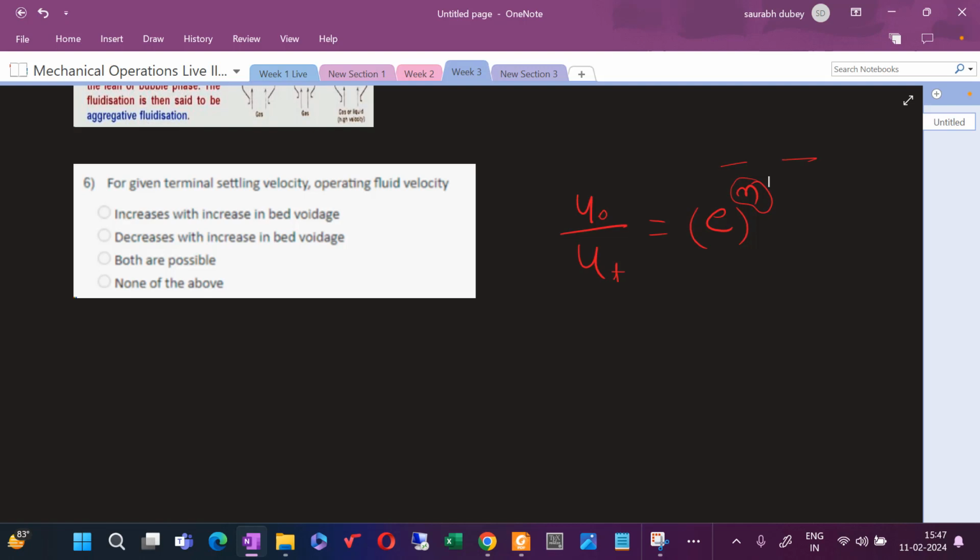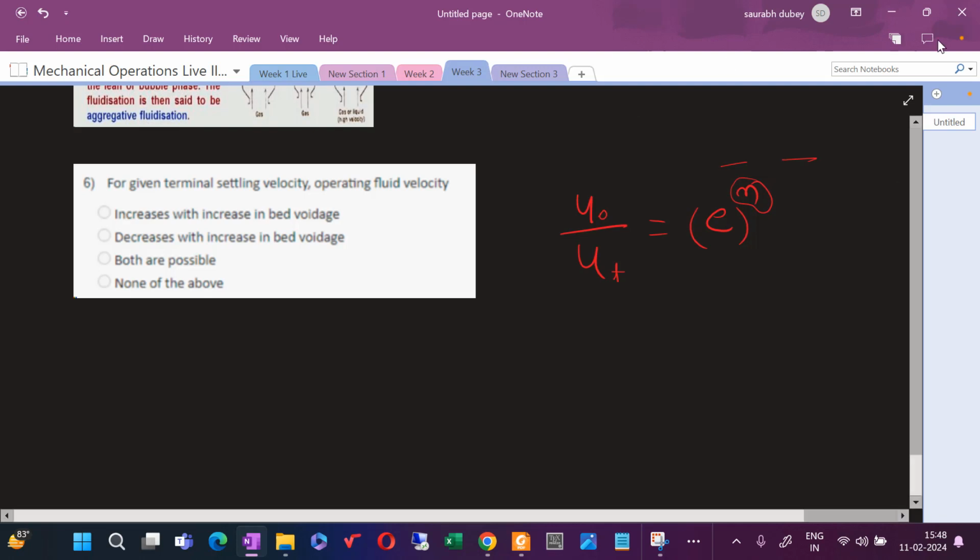There they have shown the corresponding velocity at infinite dilution and the velocity ratio, so that is nothing but the operating velocity, which is u zero, and ut is the terminal velocity.